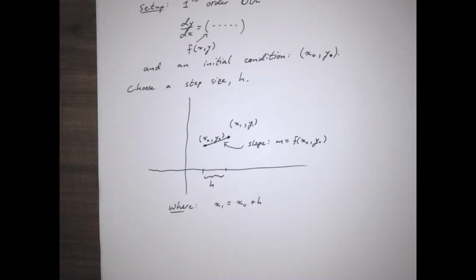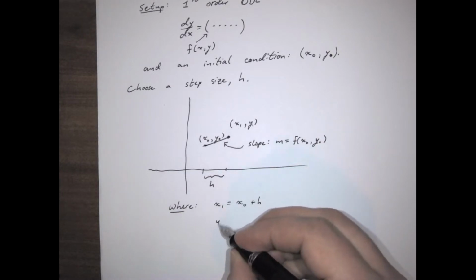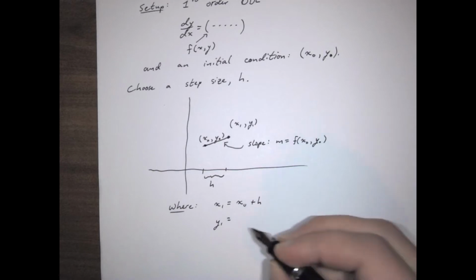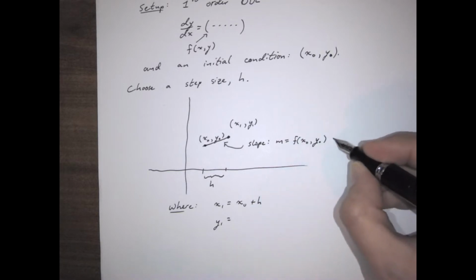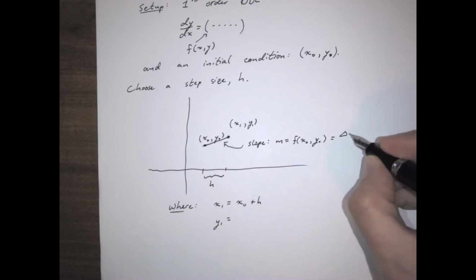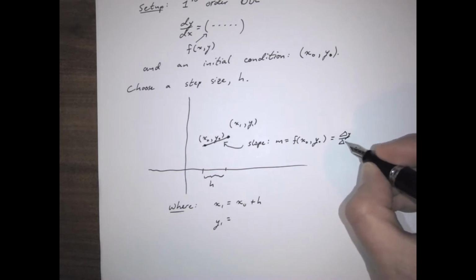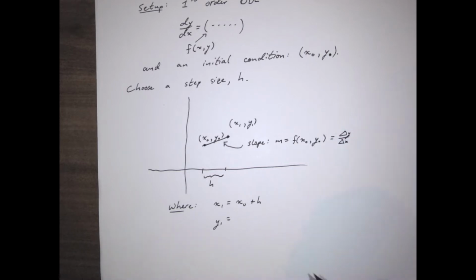And then the new y value is just going to be the old y value plus the slope times the run. Because remember, slope is change in y over change in x, and the change in x is just h.